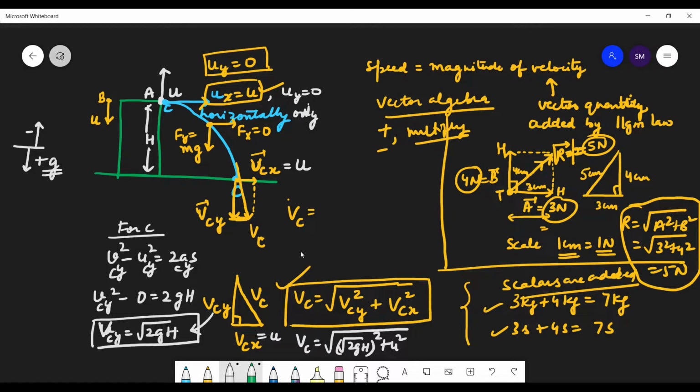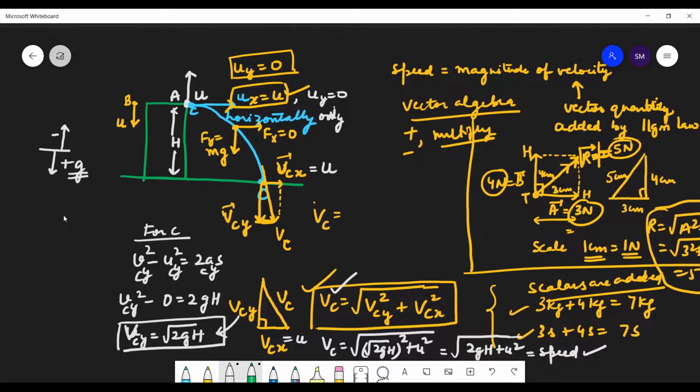And this comes out to be under the root 2gh plus u square. So this is the magnitude of velocity of c, and magnitude of velocity is nothing but speed. So that's your speed for c. Okay.